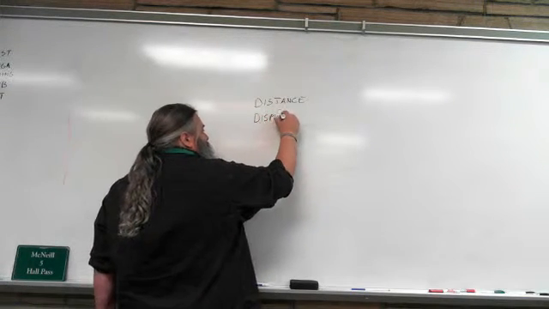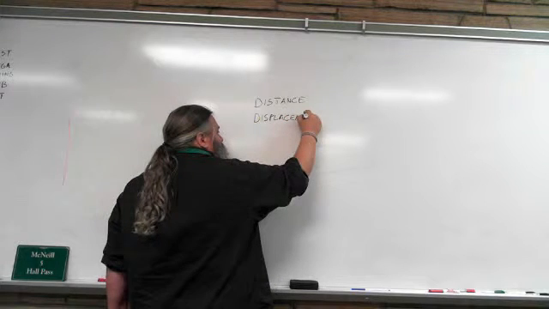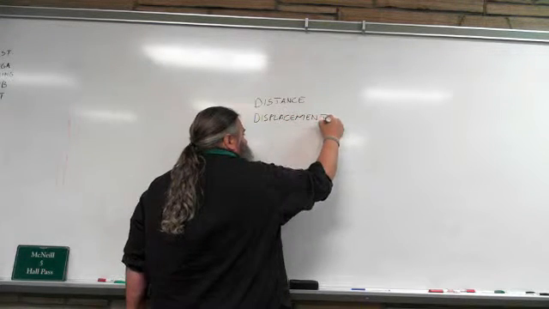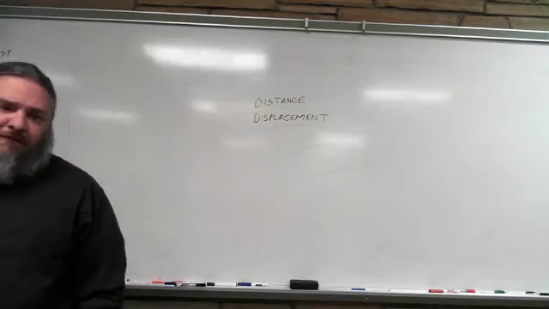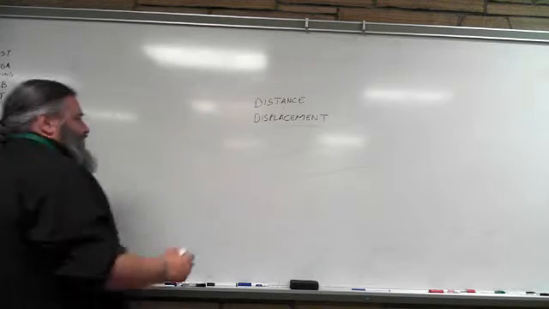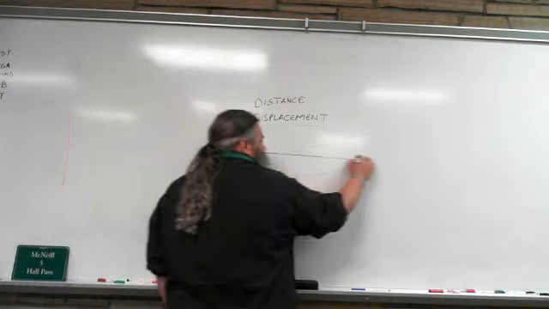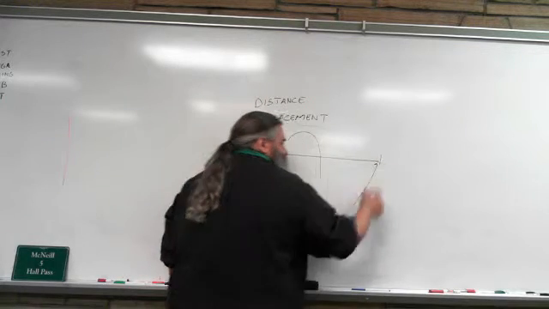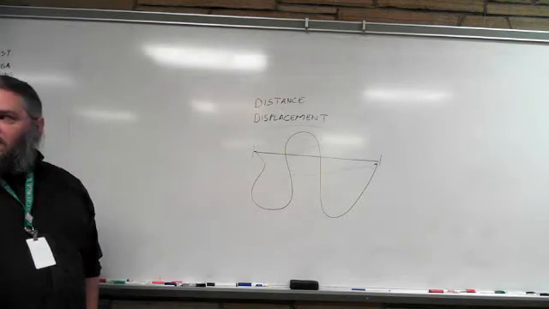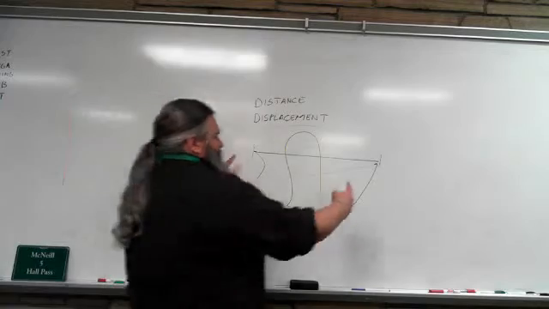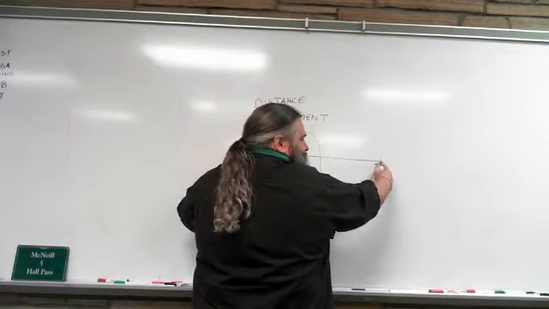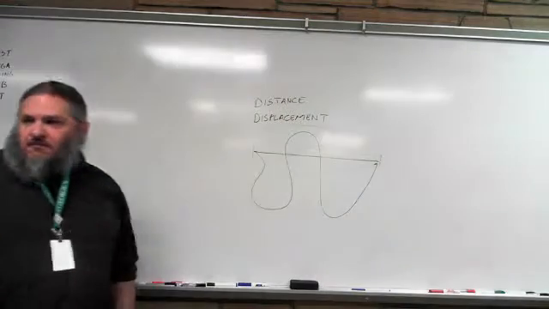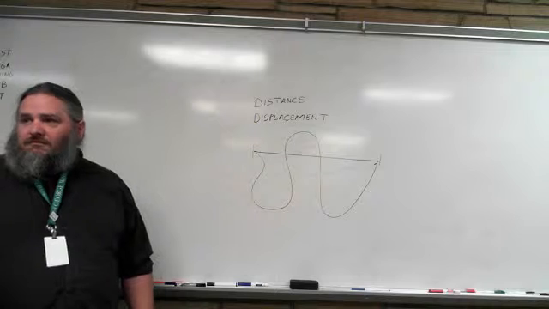The next one is the one you guys have been using. Displacement. Okay? When we refer to the displacement of an object, we're referring to the space in between 2 points. The displacement is the space in between 2 points.